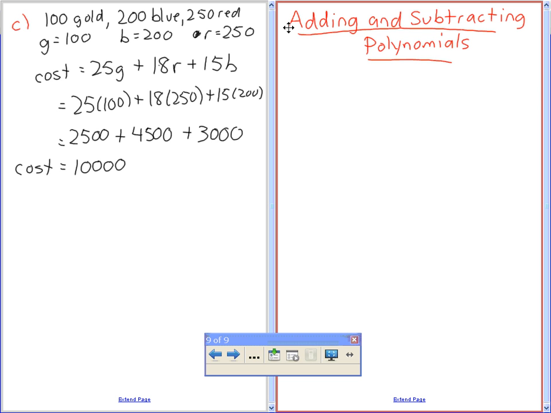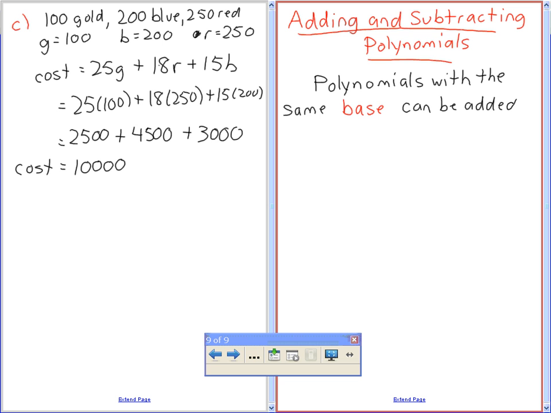Okay, so we're going to say polynomials with the same base can be added and subtracted by using their coefficients.